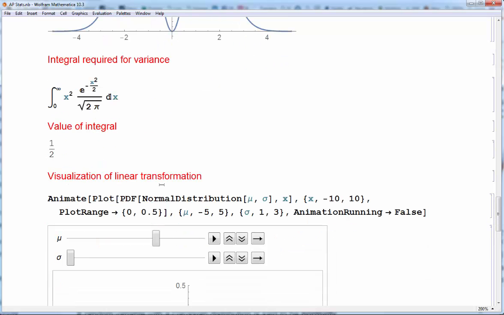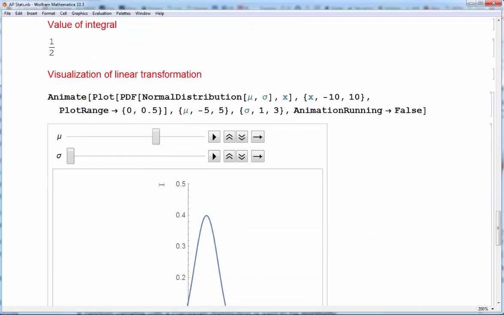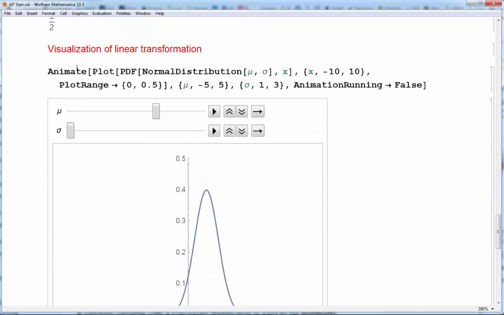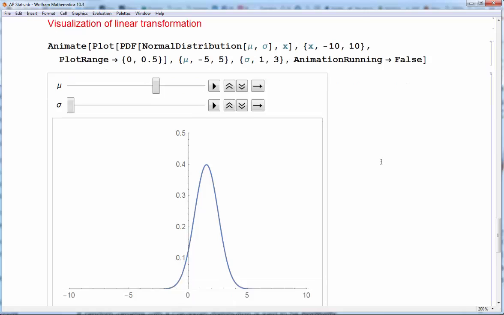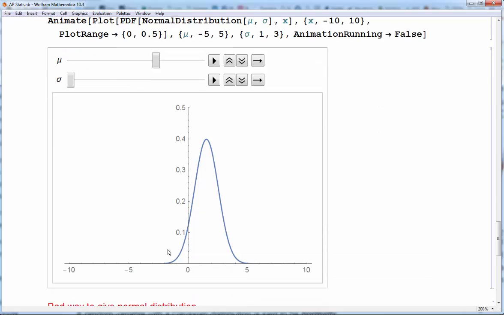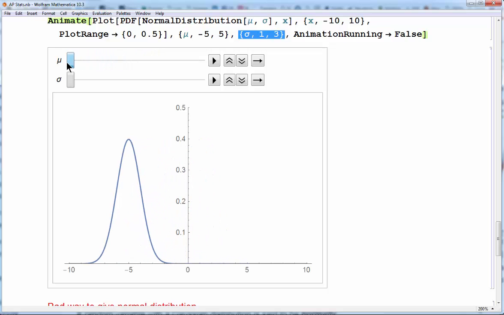And finally, the main purpose of this video is a visualization of linear transformation. You can see here that the parameter mu, the mean, changes between -5 and +5, and sigma changes between 1 and 3. Okay, so first we can see what happens when mu changes.